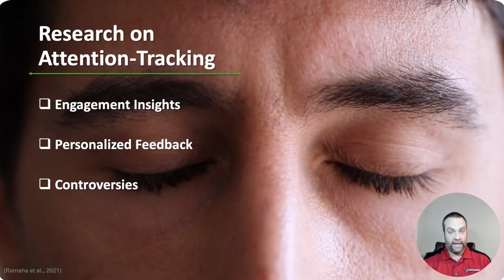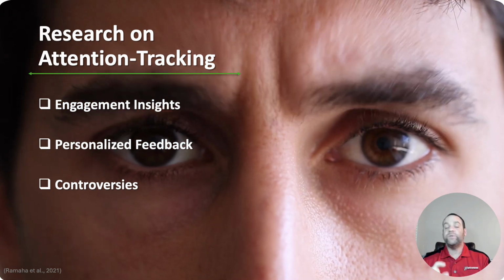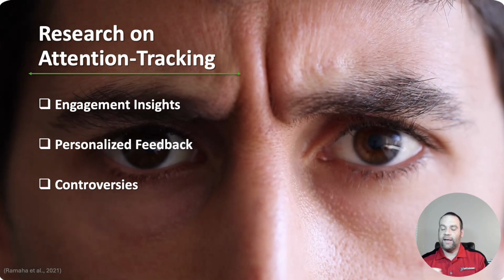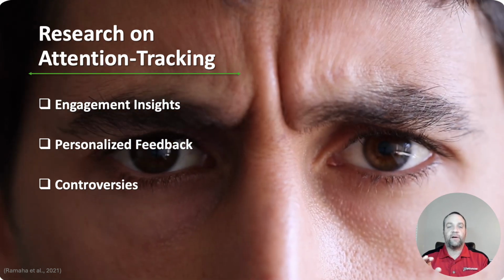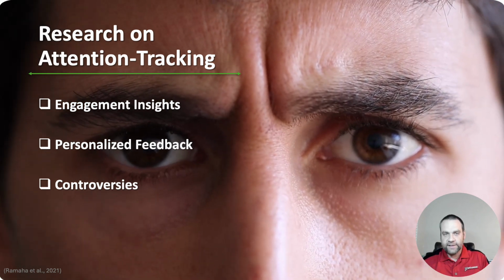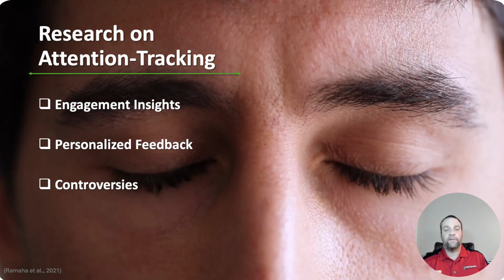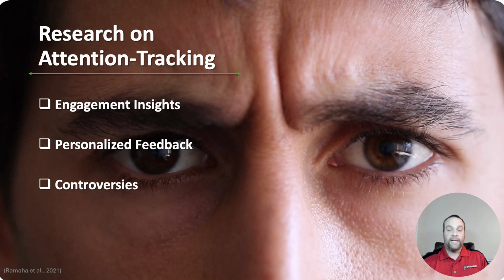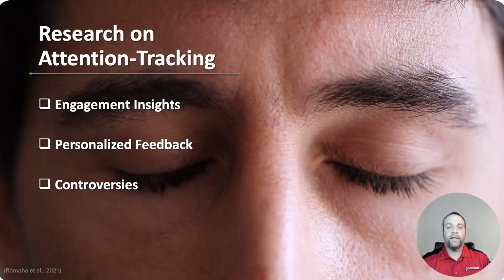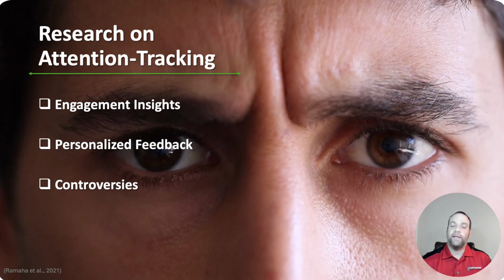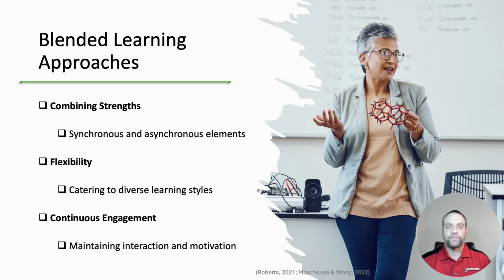However, as we talked about, the use of these technologies isn't without controversy. There are valid concerns about privacy and the ethical implications of constant monitoring. It's essential that we weigh these considerations carefully as we integrate attention tracking into our e-learning environments.